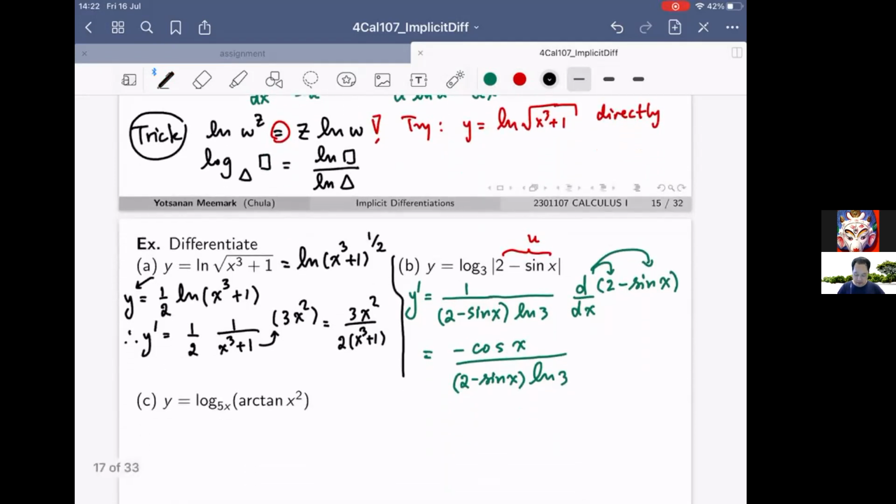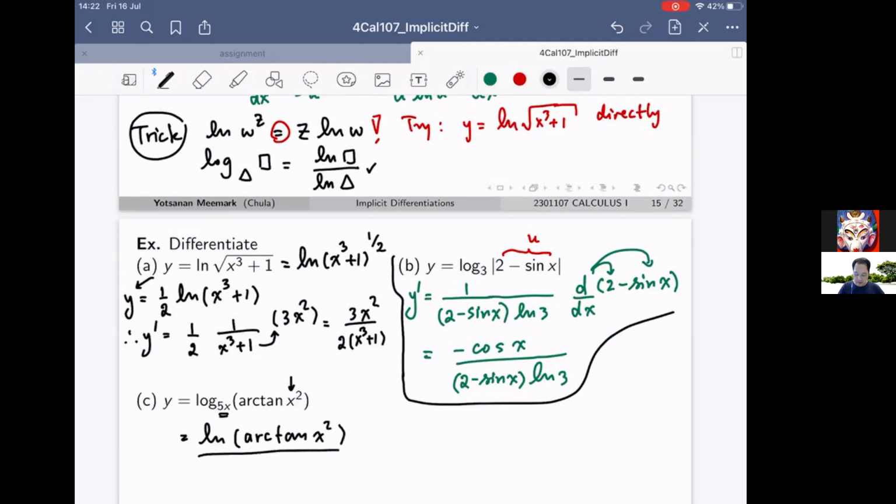Here you see the base is not a number, they are all functions. So you need to rewrite this into two functions divided, as shown in that property. So actually this is the same as log of arctangent of x squared over log of 5x.